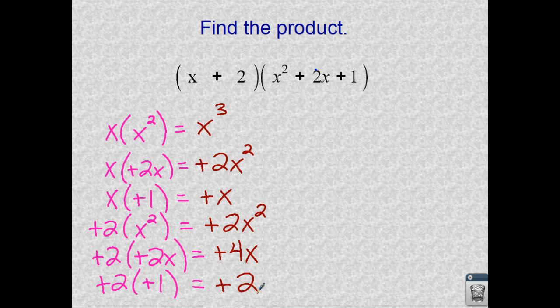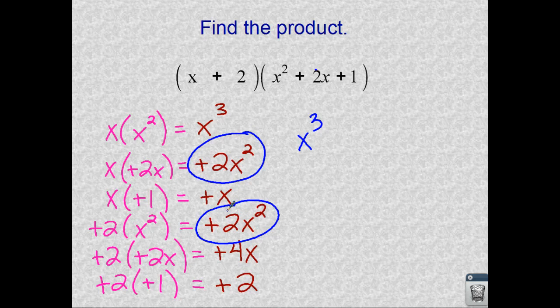Now we need to find all of the terms that are like so that I can put them together. x to the third power stands by itself. It doesn't have any partners. It looks like I have a couple of x to the second powers. I have positive 2 of them and another positive 2. If I put those together, I will have a positive 4 of them.